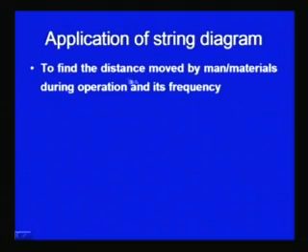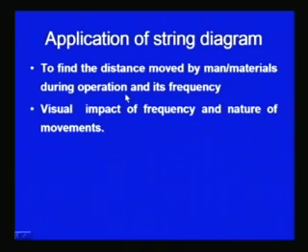In light of the above, you can see that this string diagram can be used for a variety of applications, like finding out the distance to be moved by the man and material during the operation, and also seeing its frequency. Its visual impact regarding the frequency and the nature of movements can give clues for improving the plant layout and reducing the unnecessary movement of the man and material in the course of production, so as to improve the productivity.